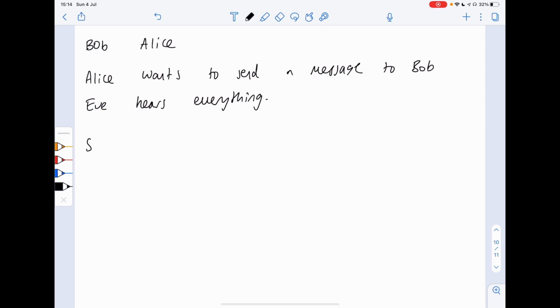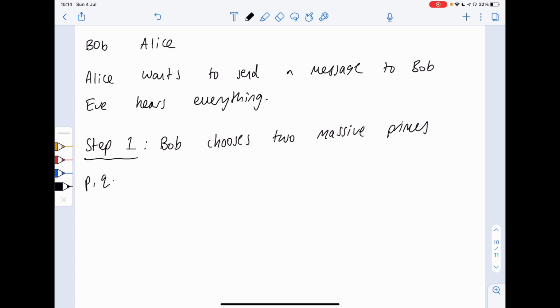Step 1. Bob, the receiver of the message, chooses two massive primes, P and Q. Okay, so these are two really big prime numbers. They probably have hundreds of digits each.